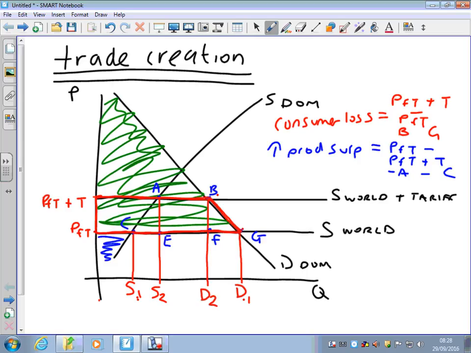But it's not all bad for the economy because the producers will gain that. And just remember, people need to work, so that could promote job growth and prosperity in some ways for the economy. So you can see that the green box has shrunk.